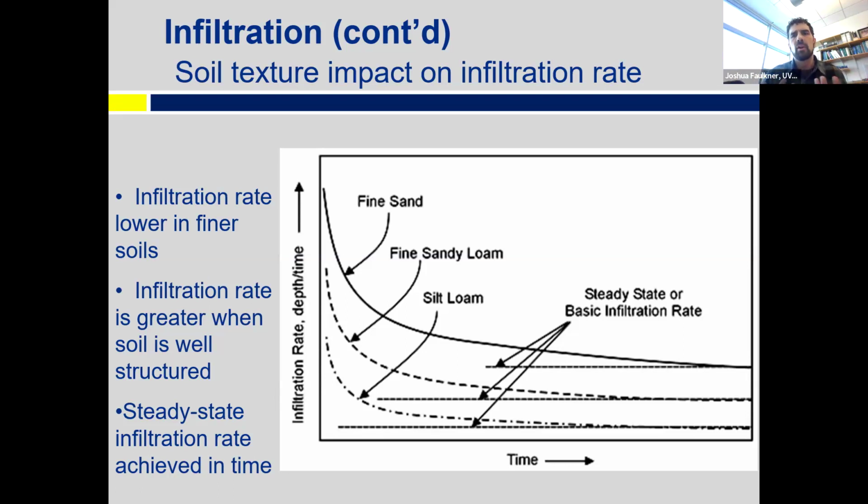And when we first have rainfall, the soil actually sucks the water in until it satisfies that soil tension. And then we achieve in time this steady state infiltration rate. The initial rates of infiltration can be very high, but then they level off after time. That's one reason why it's rare to have runoff when we first have an onset of precipitation, because we have such high infiltration rates when the storm first starts. Okay.